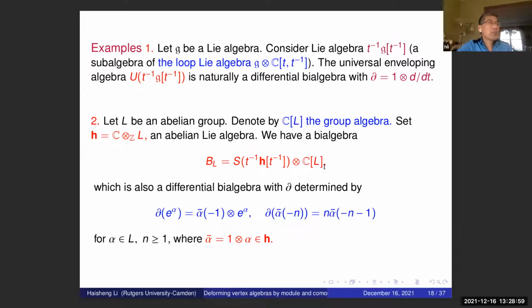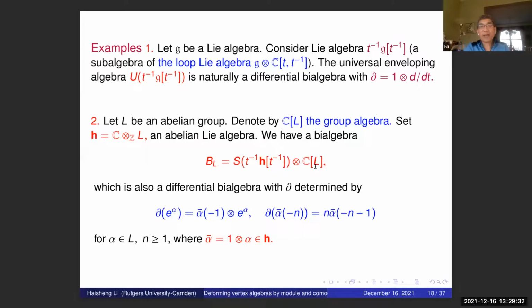And another one related to lattice vertex algebra. Suppose L is an abelian group. On one hand, we have the group algebra. And on the other hand, we want to get the Heisenberg algebra. But here we don't assume we have a bilinear form yet, but we get h, the complexification of L. We get an abelian Lie algebra, and then just like the first example, we have the universal enveloping algebra, that's the symmetric algebra.